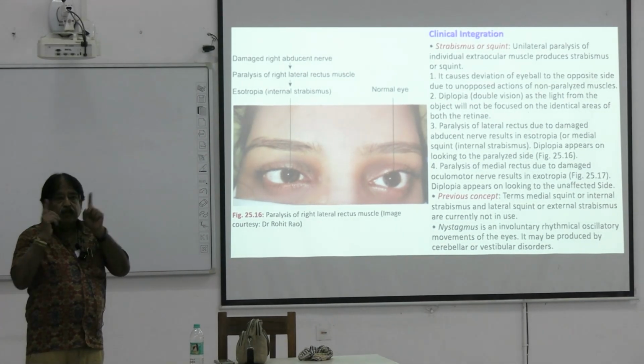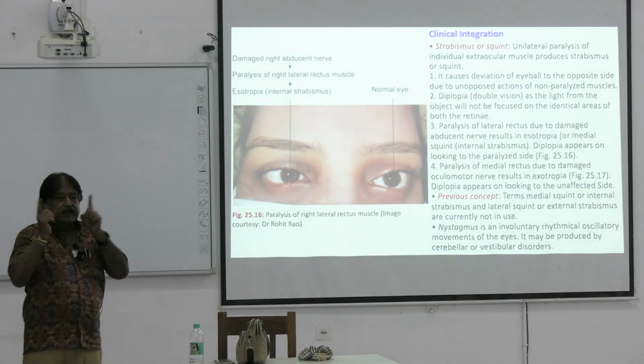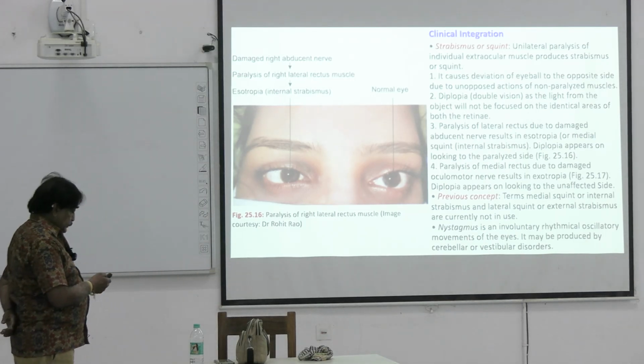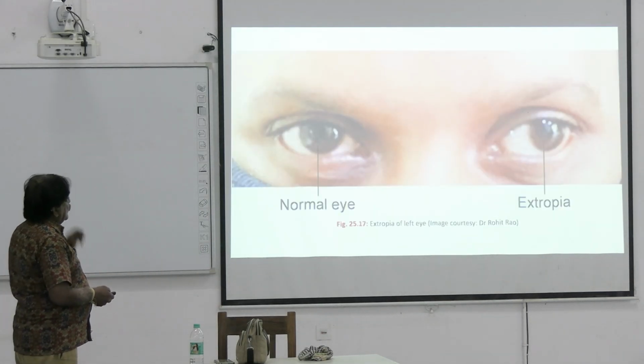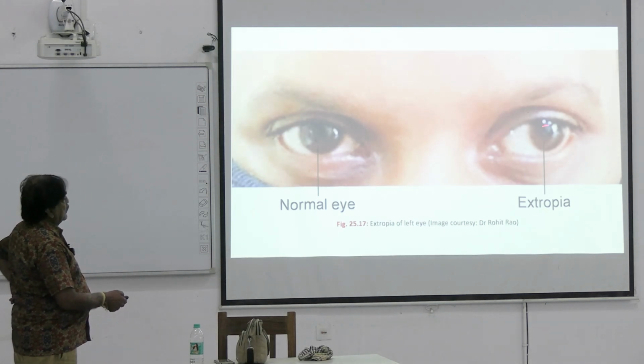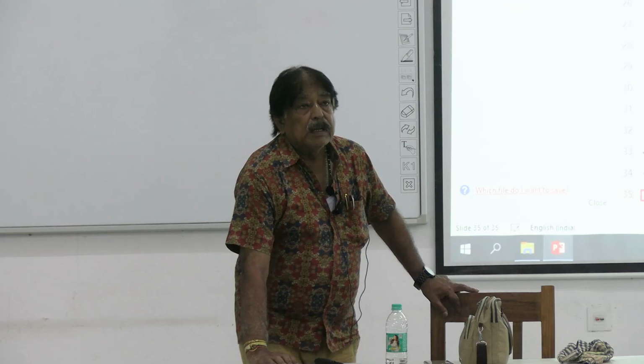In nystagmus, both the eyeballs will move like this, oscillatory. And this is the normal eye, and this is exotropia of the left eye.